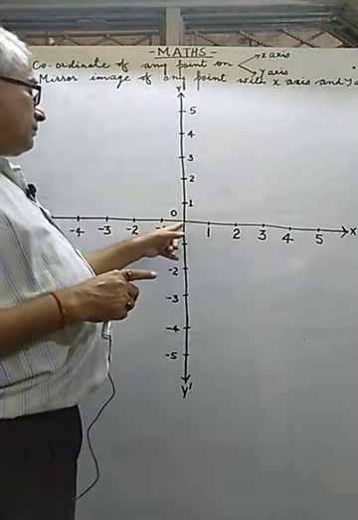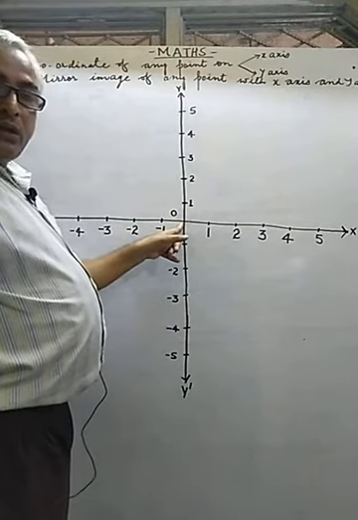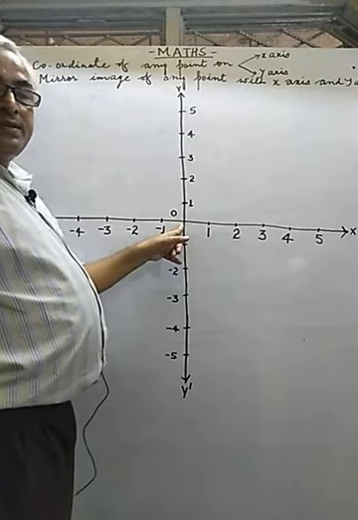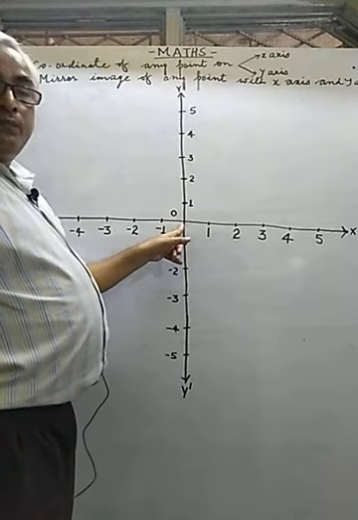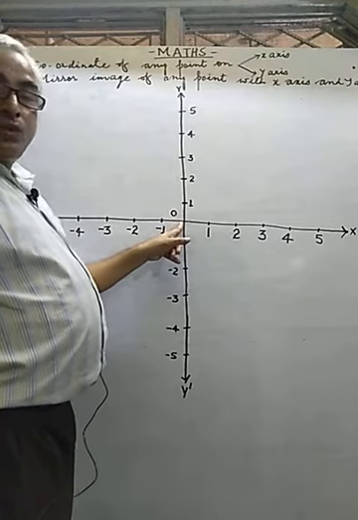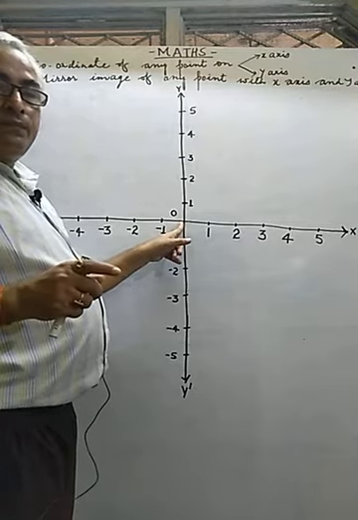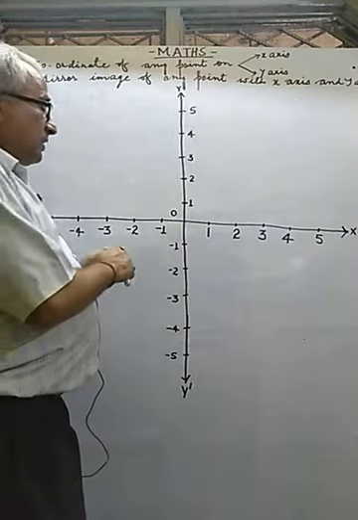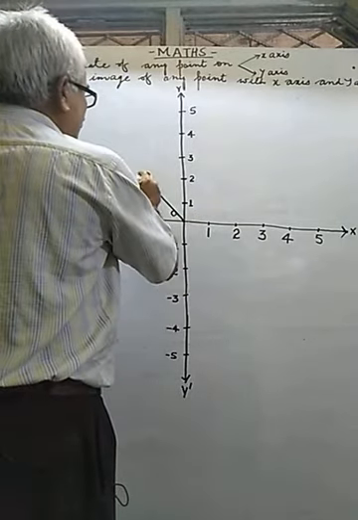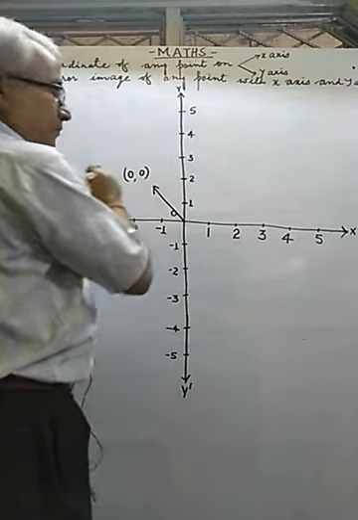Now observe here, this is the origin, and you know at this point the value of x as well as the value of y both are 0. So the coordinate of this origin is what? Firstly abscissa, then ordinate. Abscissa is 0 and ordinate is also 0.